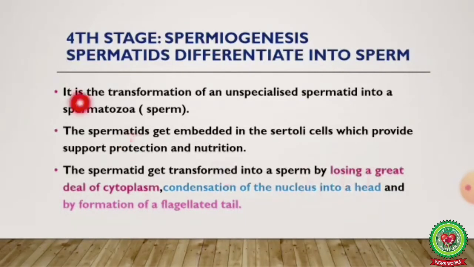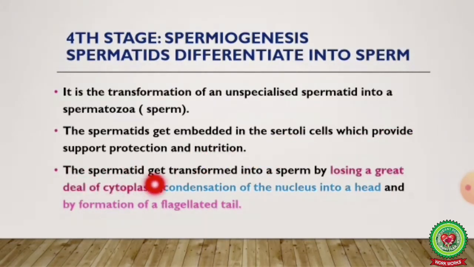Now entering into the fourth stage, that is spermiogenesis, in which the spermatids differentiate into sperm. It is the transformation of an unspecialized spermatid into a spermatozoa or sperm. Spermatids get embedded in the Sertoli cells, which provide support, protection and nutrition.